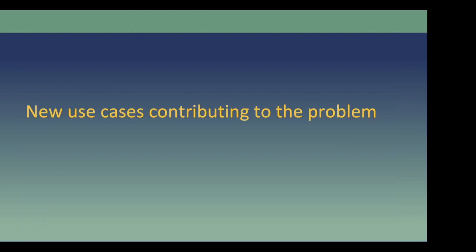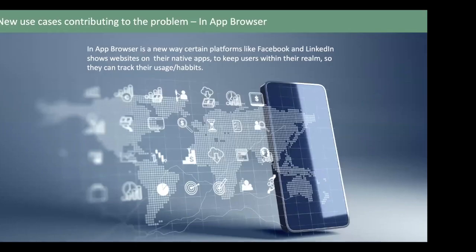So now we looked at what the current problems are in the cross-browser and device SaaS platforms. What are the new use cases that are contributing to this problem? New emerging use cases. One thing you might have observed, or probably not, is that if you go to Facebook and see an ad, or somebody posts a link and you click, it's not going to take you to a different browser.